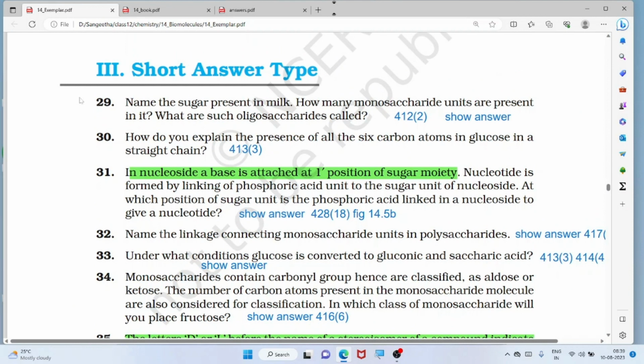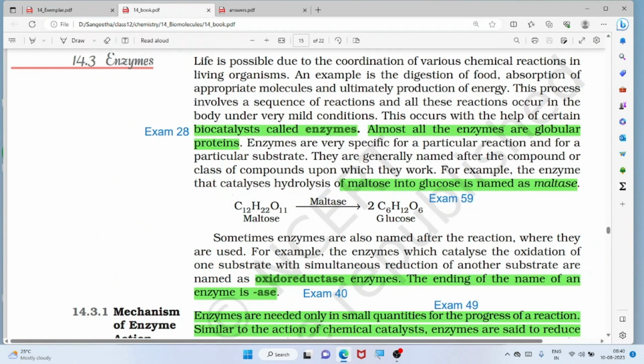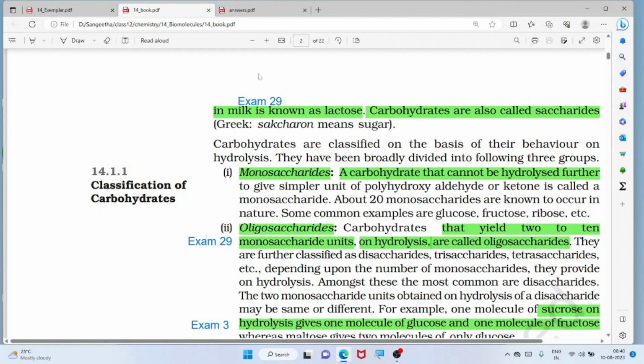Name the sugar present in milk. How many monosaccharide units are present in it? What are such carbohydrates called?